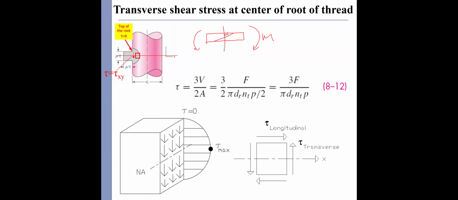This is the stress distribution of the bending stress. And the maximum transverse shear stress is located at the center right here. On its surface, the transverse shear equals 0. NA represents the neutral axis.